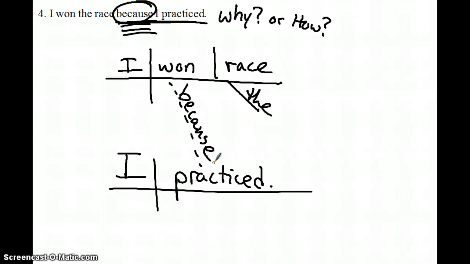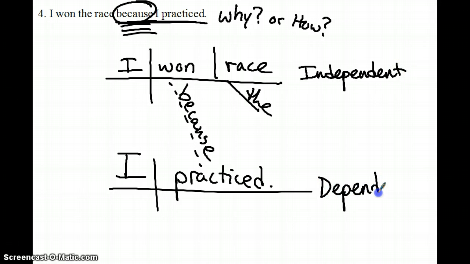They create what are called complex sentences. The reason we say that is we have an independent clause. This is our independent one. And we have a dependent clause. And it is that awubis word that makes that clause dependent upon the other. Okay? Thanks for watching.